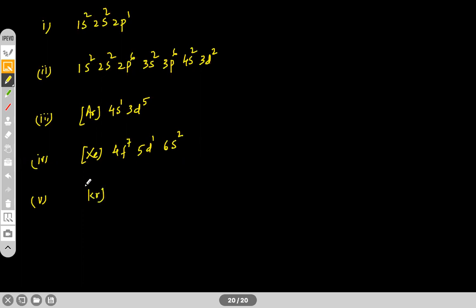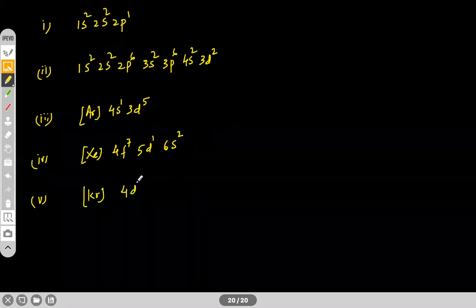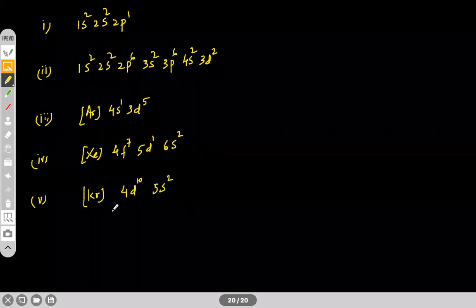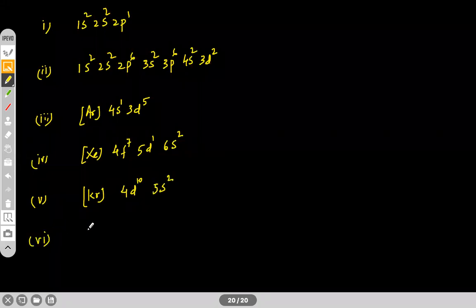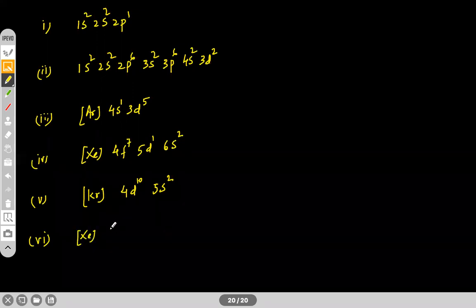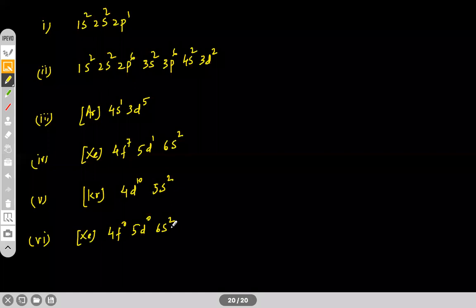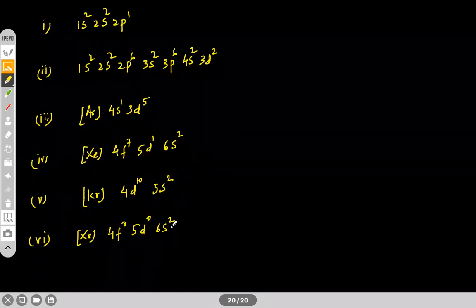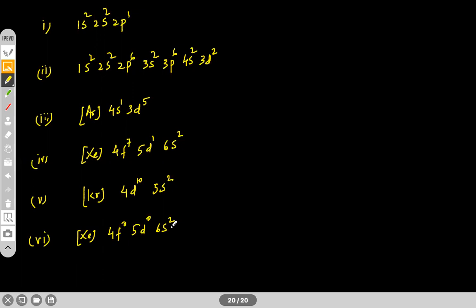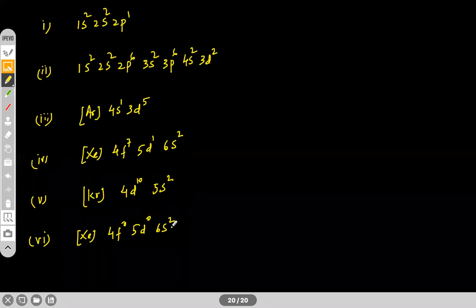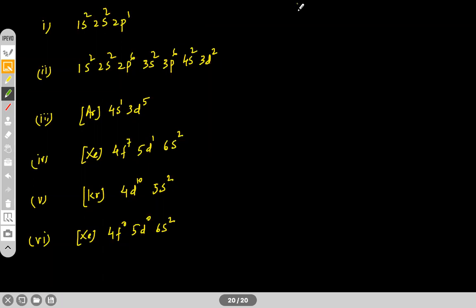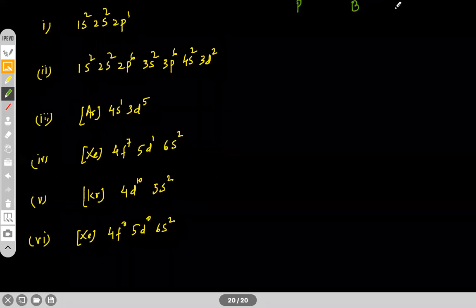Then krypton 4d10, 5s2. Then xenon 4f0, 5d0, 6s2. For these, you need to identify the period, then the block, and then the group.